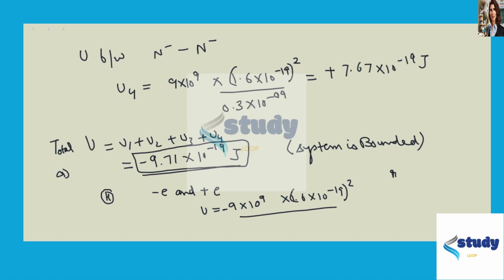R equals 0.0529 nanometer. So we put in 0.0529 times 10 to the power minus 9.